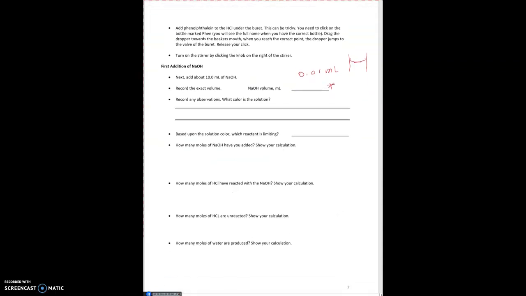And then you're going to calculate the moles of sodium hydroxide you added. That's the same calculation you've already done. You're going to look at how many moles have actually reacted. Then how many moles are left unreacted? So that's going to be the total moles of HCl minus the moles of HCl reacted.